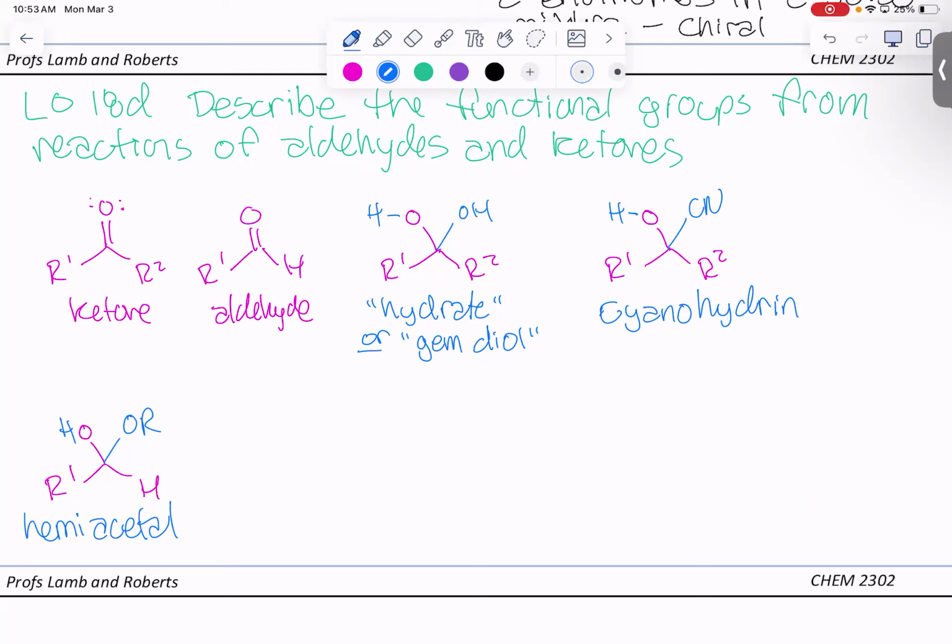Hemi means kind of like halfway, because we could also form from an aldehyde with two equivalents of an alcohol, not a hemiacetal, but just an acetal. Hemi means halfway, like hemisphere. And when we go all the way and react this fully, as far as it can react, we get an acetal. If we do this with a ketone, we get a ketal.